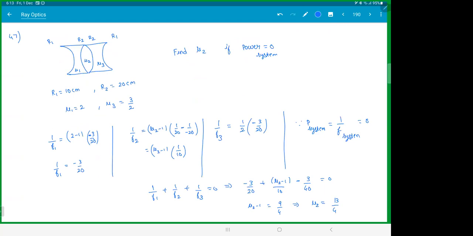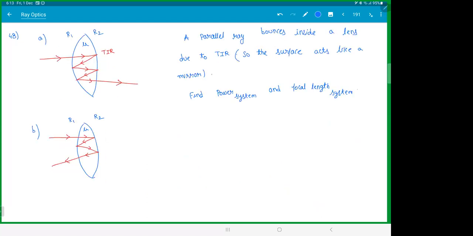Last page here. Let's try this. How will you handle this?